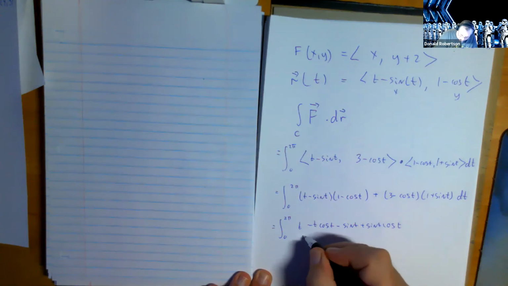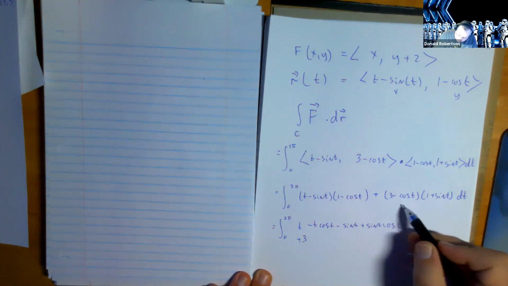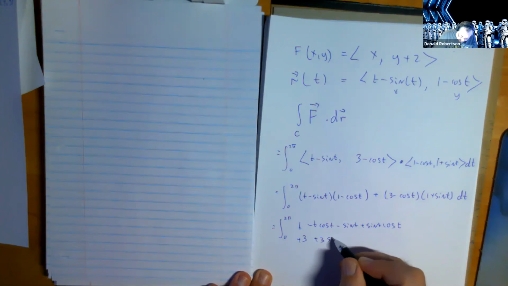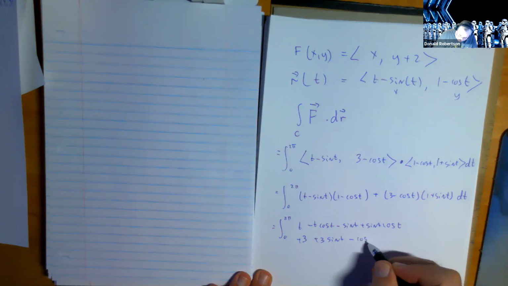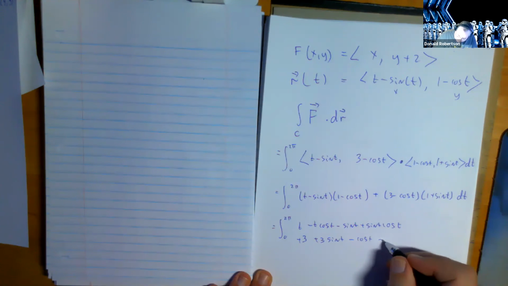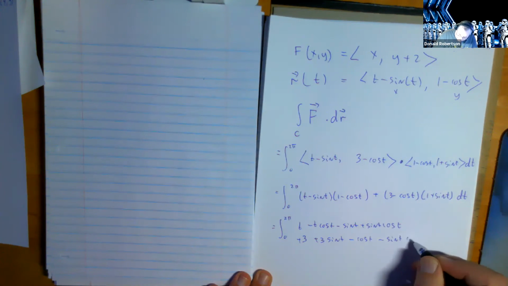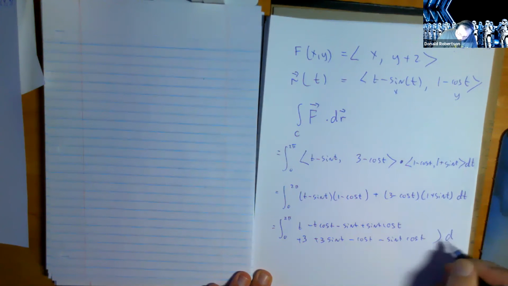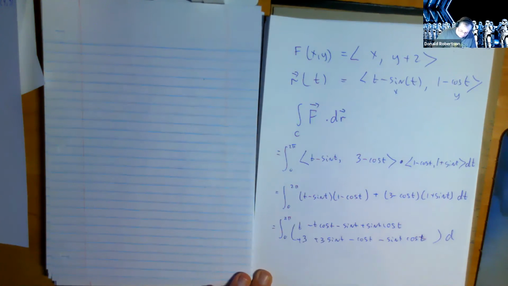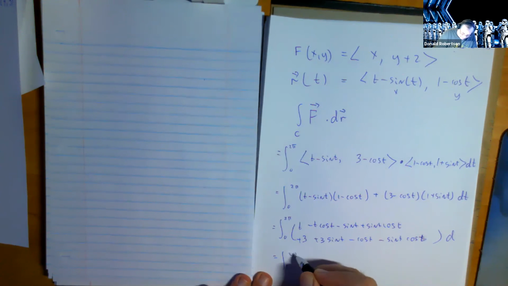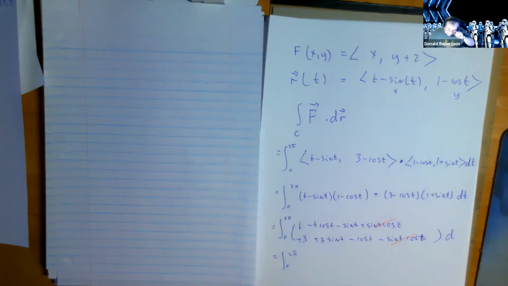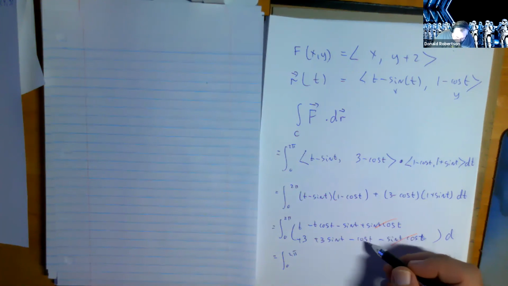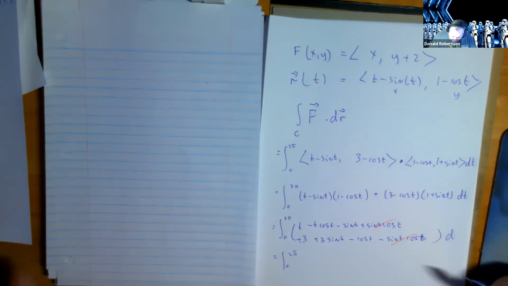And in this one you get a 3, and you get a 3 sine t, and you get a negative cosine t, and you get a negative sine t cosine t, dt. Let's see what we can do here. Looks like that guy gets killed off by that guy. I don't think anything else really does much, so let's see what I got.